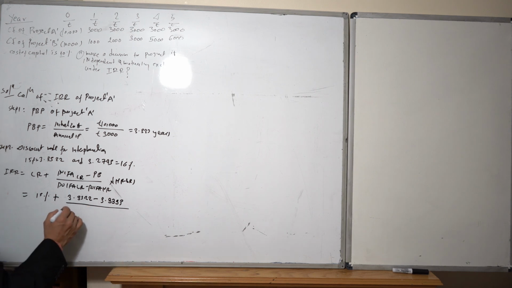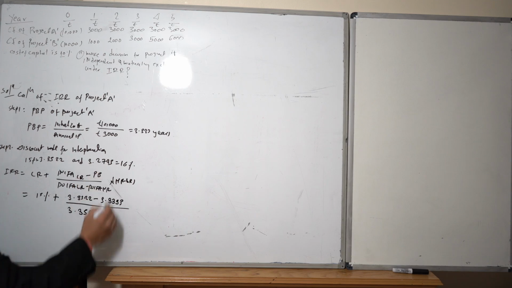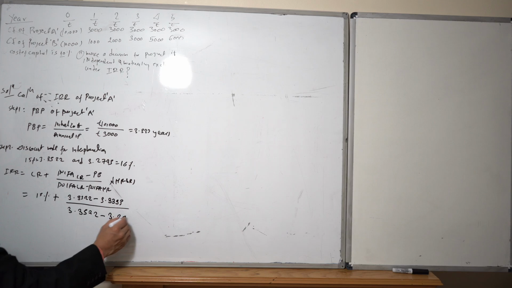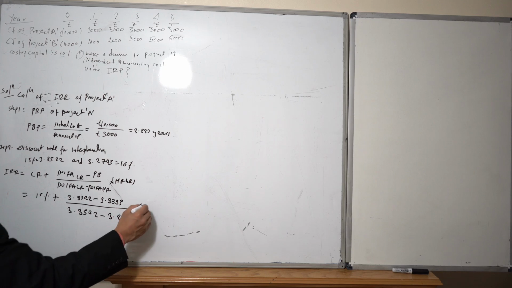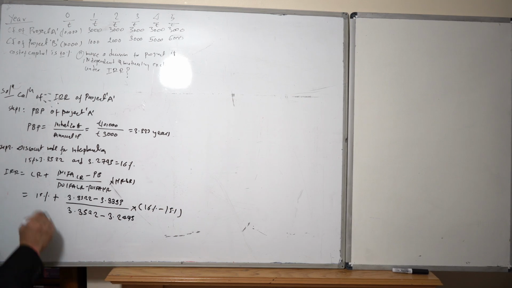Then present value interest factor at lower rate again 3.3522, minus present value interest factor at higher rate 3.2743, multiplied by 16 minus 15. If we calculate all of this, we get the value of 15.24%. So that means the IRR is 15.24% for project A.